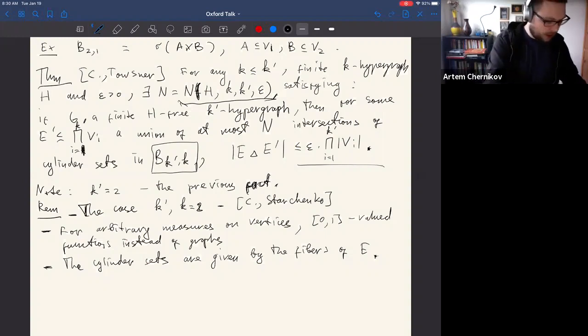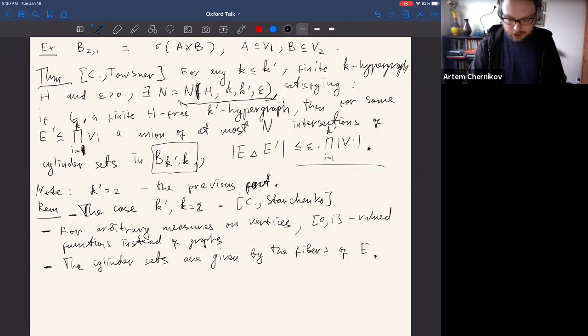Okay, so this is the statement of the theorem. Now I would like to say some words on how VC theory comes into the picture, and also what the higher arity VC theory means in the title.